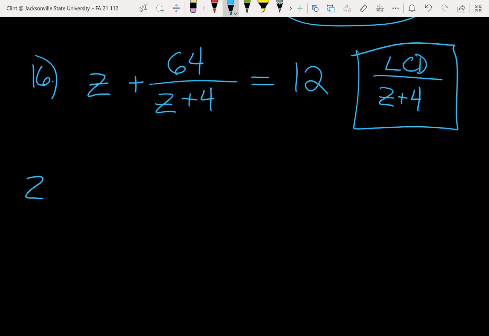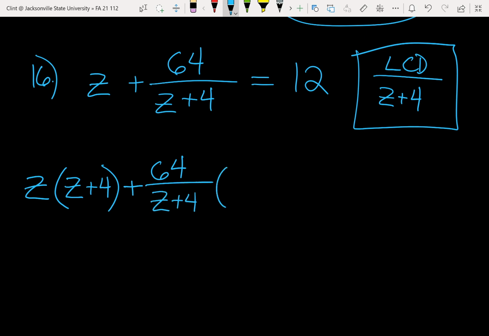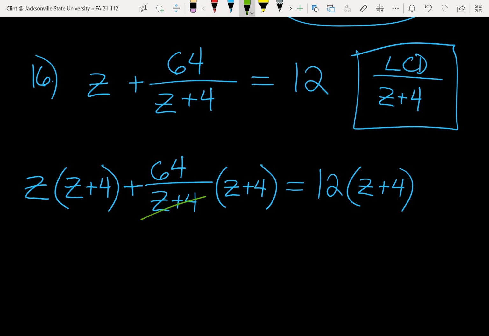Okay, so if we do that, we have z times z plus 4, plus 64 over z plus 4 times z plus 4, and that equals 12 times z plus 4. The reason why we do that is because these cancel.